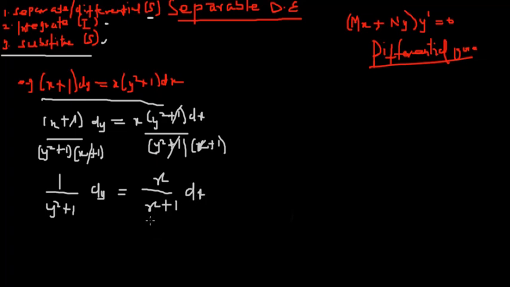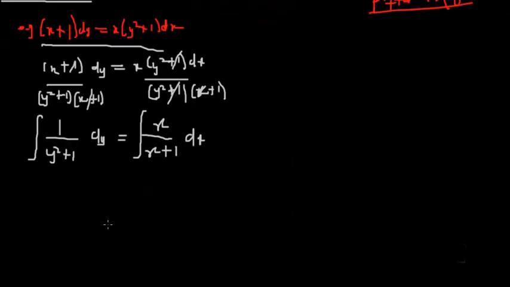So now we've grouped this. You could notice that we have only y's and dy's over here, and on the right hand side we have only x's and dx. Now what we need to do is integrate. So we will just integrate. So this is where we try to integrate.